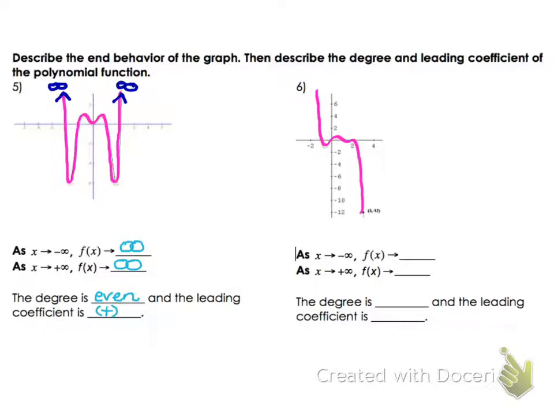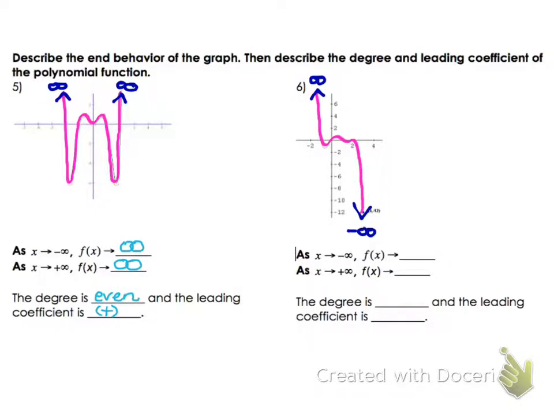This next one, look what's happening. As you walk towards negative infinity, the left arm is going up. The right arm is going down.